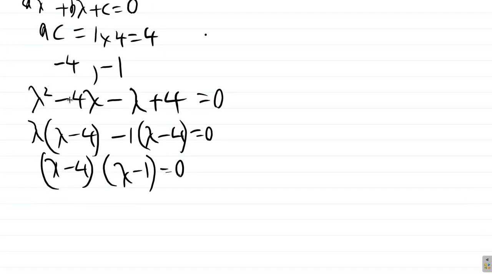So what you're going to get is lambda equal 4 and lambda equal 1. Let's call these lambda 1 and lambda 2. So these are the values you'll get. These are the eigenvalues.